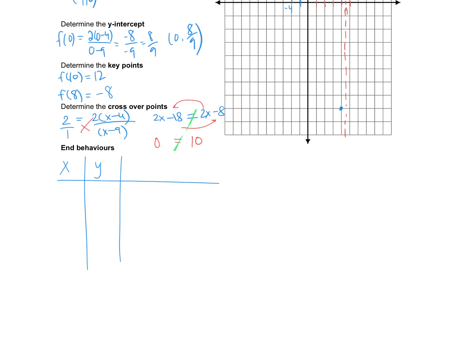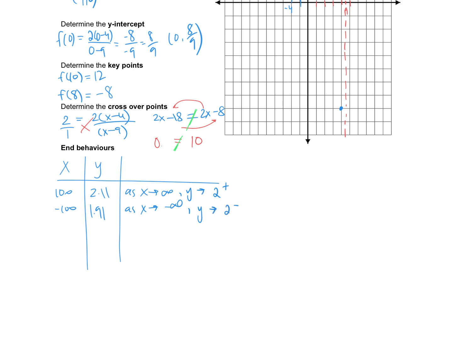So as x approaches infinity and as x approaches negative infinity, I'm just plugging in 100 and negative 100. When I plug in 100 for x, I get 2.11. Our horizontal asymptote is at 2. 2.11 is above, so that means y approaches 2 from above. When I plug in negative 100, I get 1.91, which is less than 2, so y is approaching 2 from below.